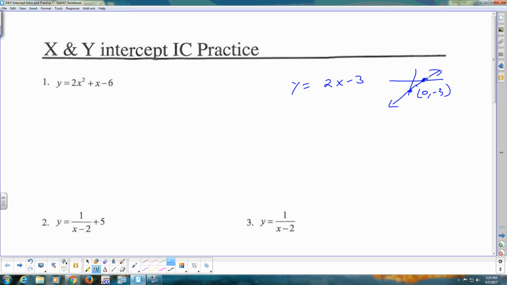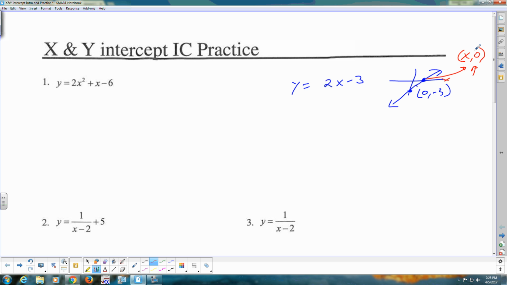I don't know what that x value is, but I do know for sure, 100%, that coordinate is some x value and the y value is 0. For sure, the y value is 0 because you're sitting on the x-axis. Okay?